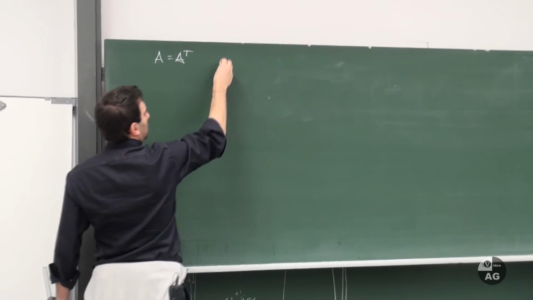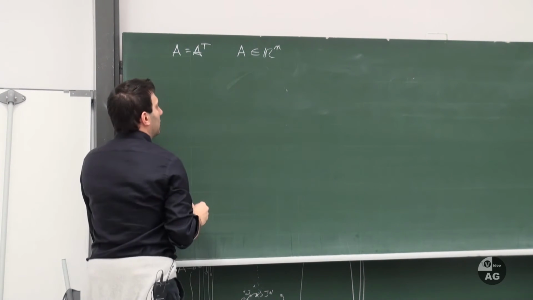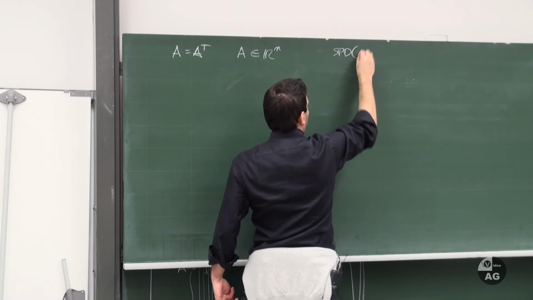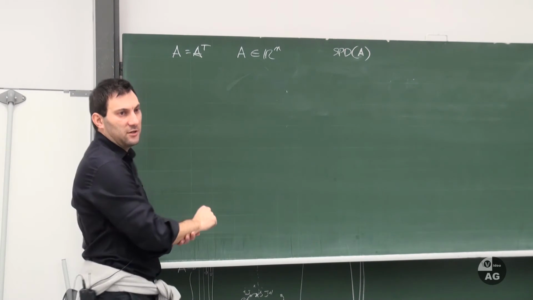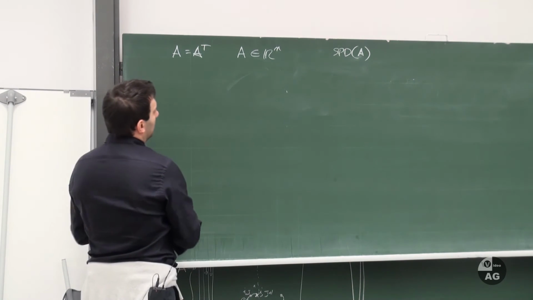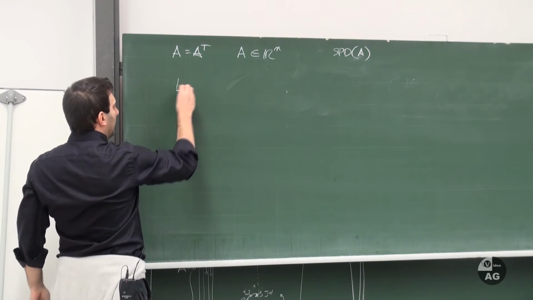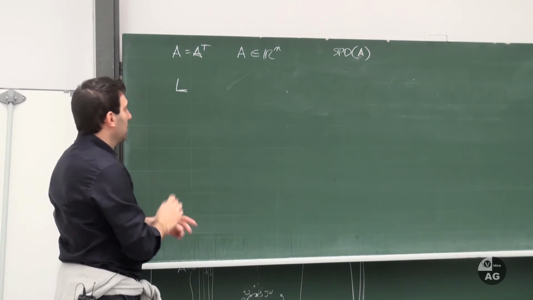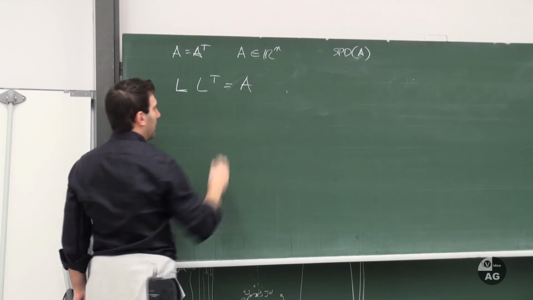Since it's symmetric, of course, it's square. It's more than that. It's symmetric positive definite. If you know what that means, good. If you don't know, just believe me. It's an assumption. What it means under these assumptions is that I can find a lower triangular matrix L, such that L times L transpose equals A.